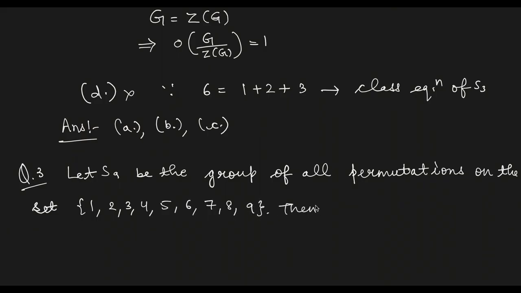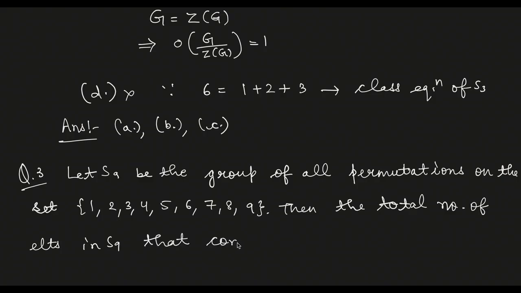Then the total number of elements in S9 that commute with tau equals (1 2 3 4 5 6 7) in S9 is?